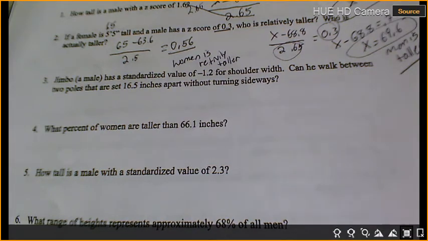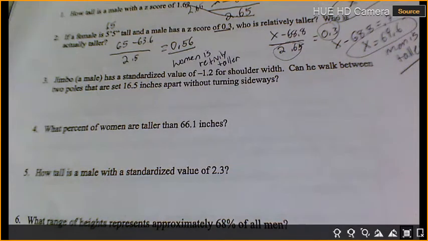Okay, Jimbo is a male that has a standardized value of negative 1.2 for shoulder width. Can he walk between two poles that are set 16.5 inches apart without turning sideways? So we're seeing if he is less than 16.5 inches.